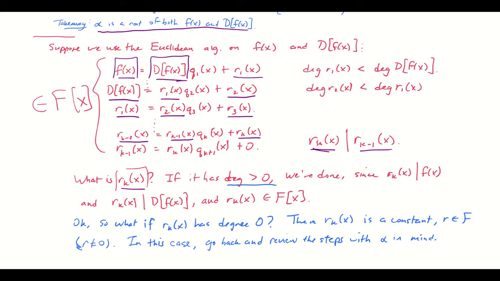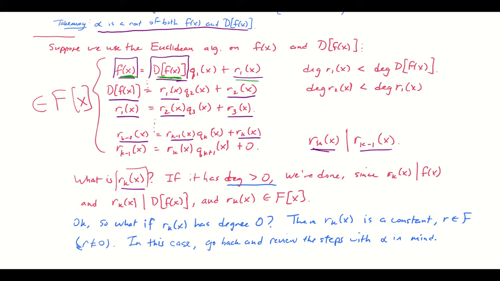So if I just look at this process, I know that alpha is a root of f of x. I'm going to use a different color to indicate this now, so let's use green. So alpha is a root of this. If I evaluate that at alpha, it becomes 0. Same with the derivative. Alpha is a root of both of those. So this evaluates to 0 at alpha. This evaluates to 0 at alpha.